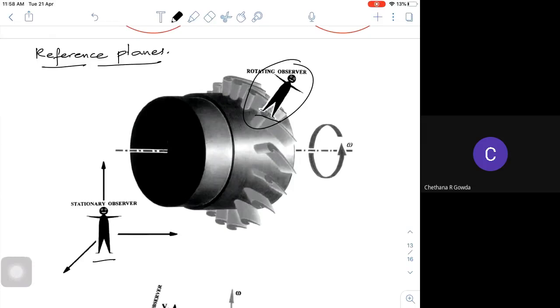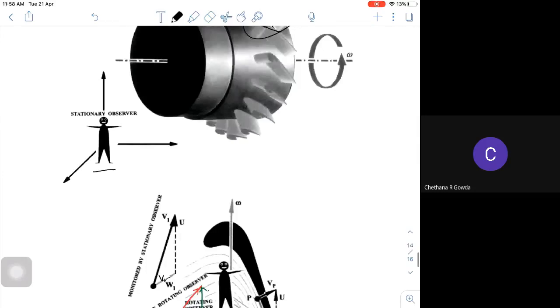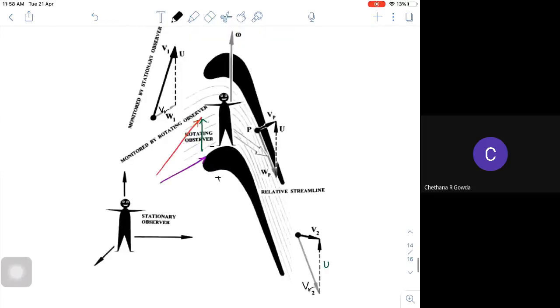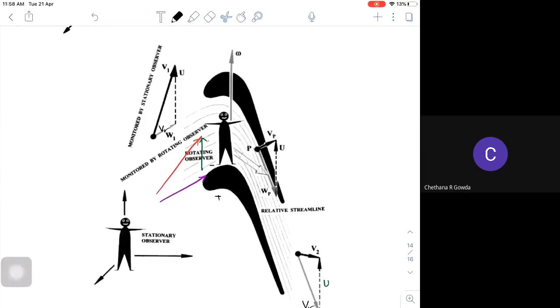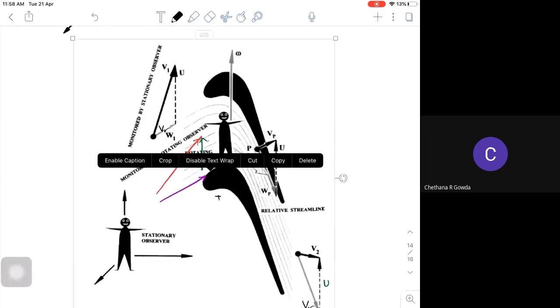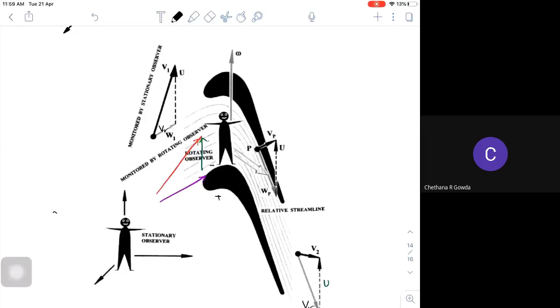Suppose a stationary observer, so I'll explain somewhere here, the stationary observer can see the fluid entering at some velocity, that is absolute velocity, which I have shown in red color. It has come with the velocity V. And your rotating observer, what is the velocity he is going to feel?